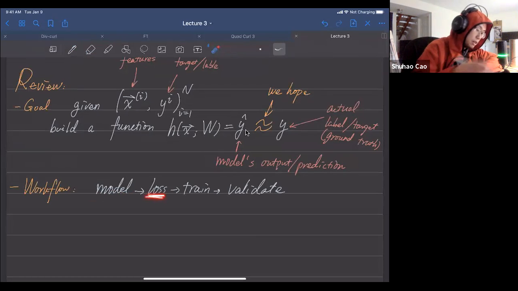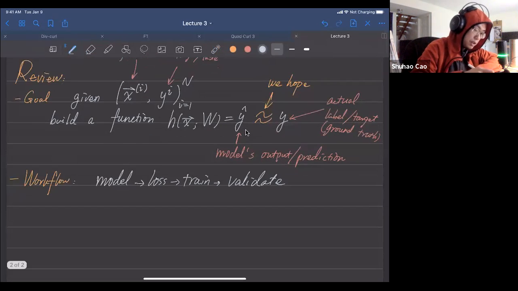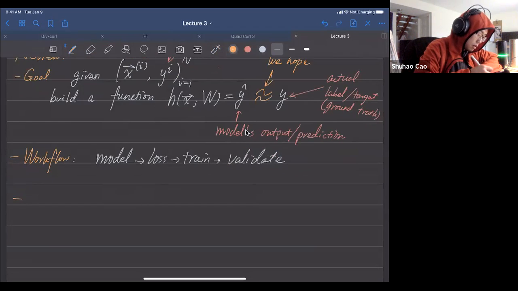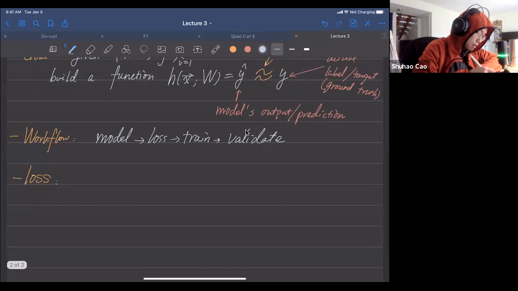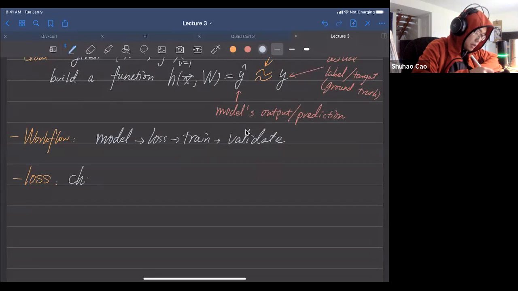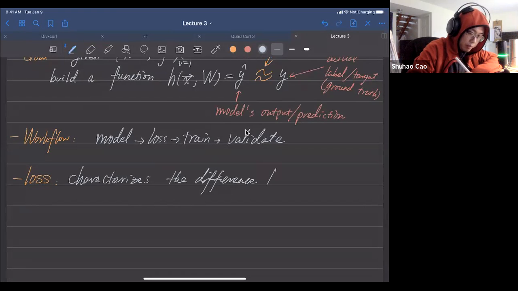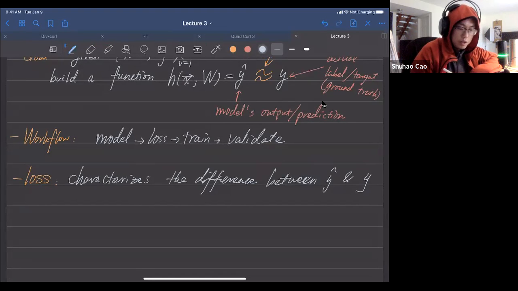So let's recall what a loss function is. A loss function characterizes the difference between y hat and y. This is our model's prediction, and this is the actual value.